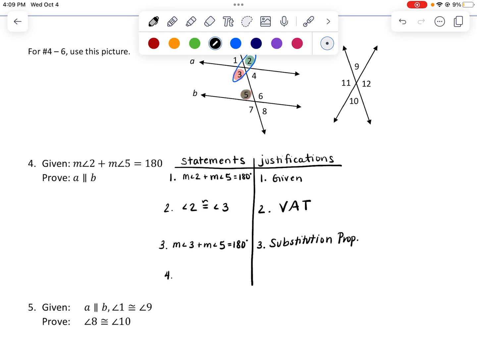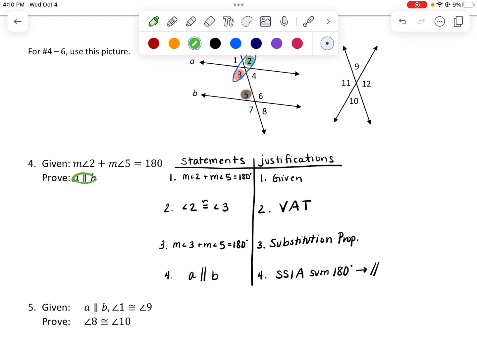So because they equal 180, I can say A is parallel to B. And I can say that because we have same side interior angles that are congruent, or I'm sorry, they aren't congruent, they sum to 180. Then I have parallel lines. So I'm using the converse because I'm proving parallel lines.